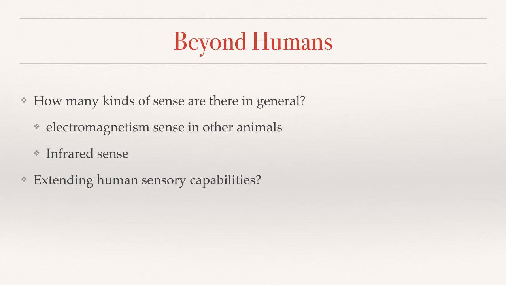Well, some people think it is possible that we are able to extend our sensory capacities in this way. And there are some people who will have a small magnet implanted underneath their skin. And the magnet will cause a kind of vibrating sensation whenever one is in a magnetic field.